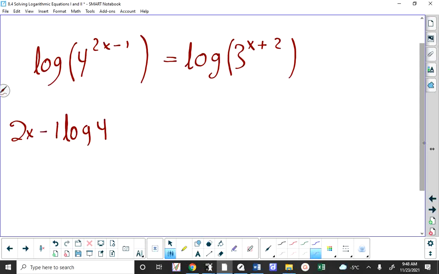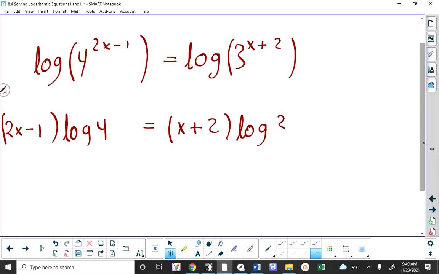If I write that, it looks like I'm saying 2x minus log 4. And that's not what I want. What I need to be saying is 2x minus 1 multiplied by log 4. And this will be equal to x plus 2 multiplied by log 3.